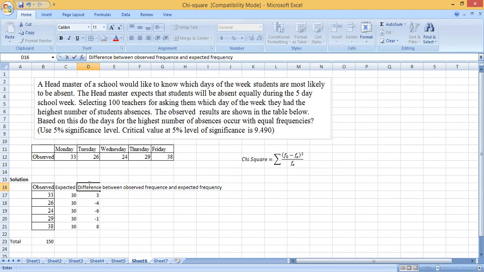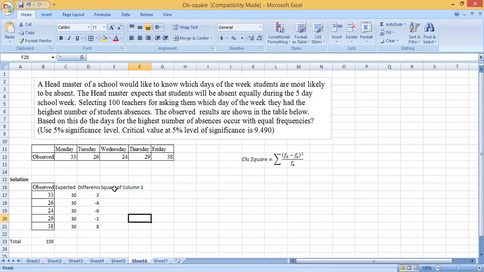Okay, this column. And now it is the square of column 3. This is column 1, column 2, column 3. So the square of column 3, and now equal to this, okay.